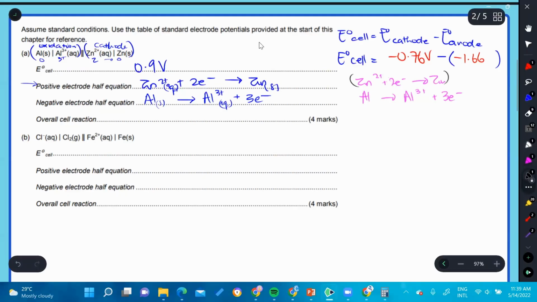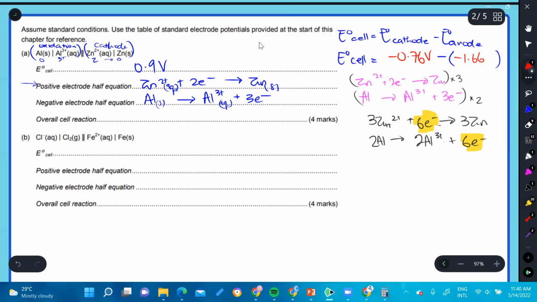So what you'll end up with is 3 Zn2+ plus 3 times 2 is 6 electrons, and that's going to give 3 Zn. And for the bottom one, we're going to have 2 Al gives 2 Al3+ plus 2 times 3 is 6 electrons. So as you can see now, we have 6 electrons here and 6 electrons here.